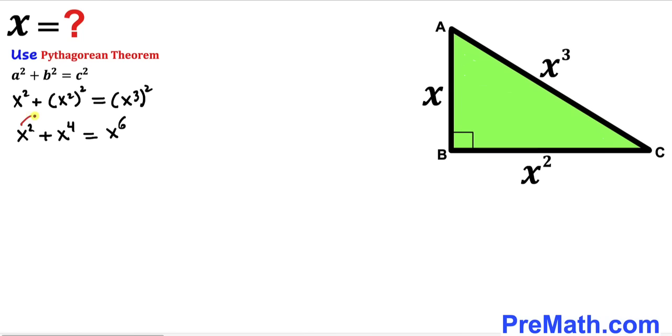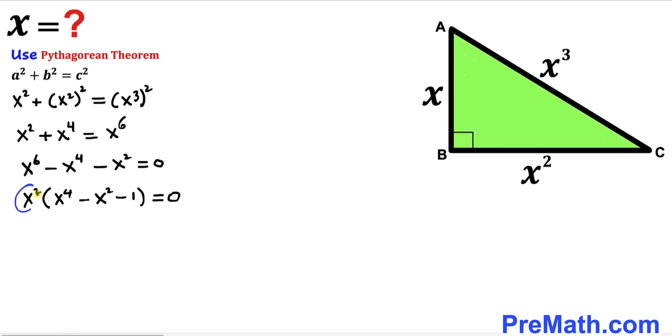Now we are going to move all these terms to the other side. So we can write x to the power 6 minus x to the power 4 minus x squared equals 0. Here we can see x squared is common, so we are going to factor out x squared. We end up with x squared times the parentheses x to the power 4 minus x squared minus 1 equals 0.